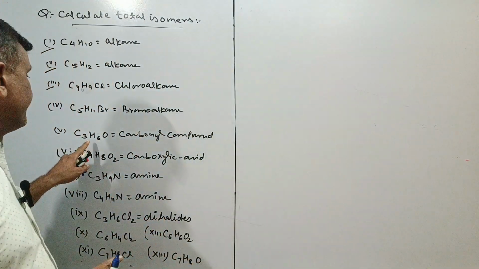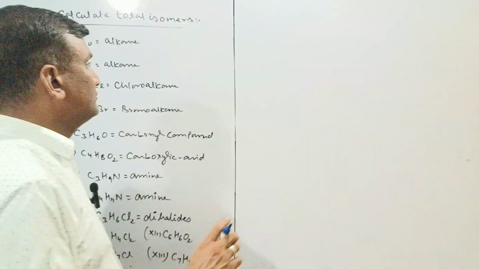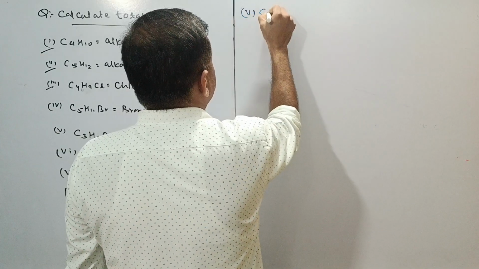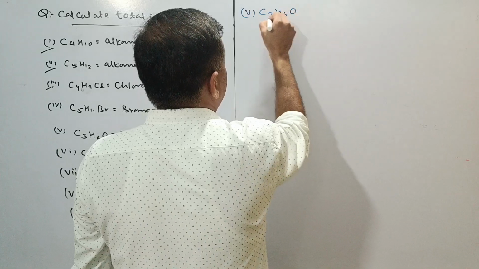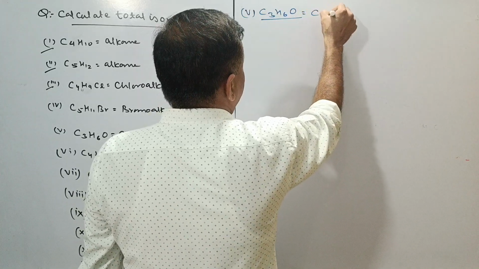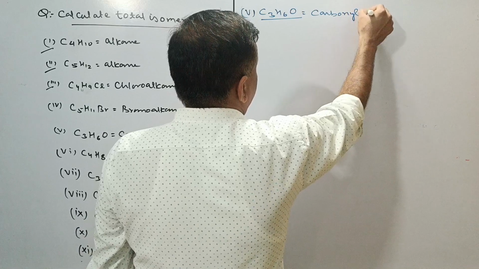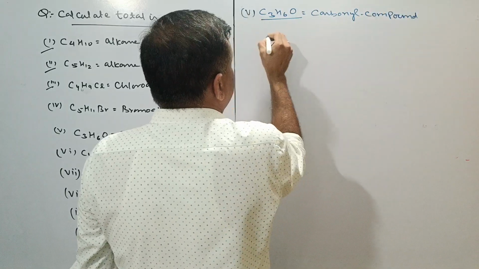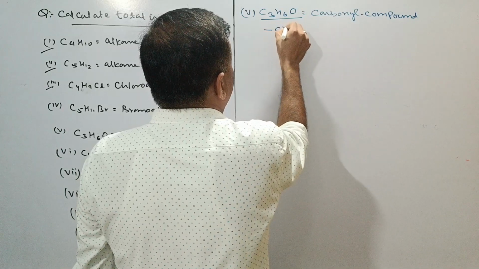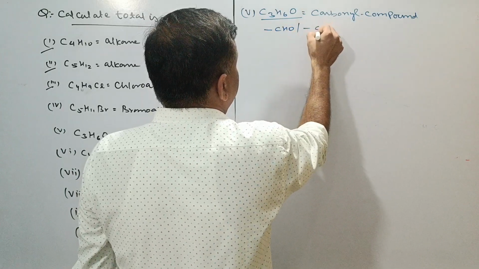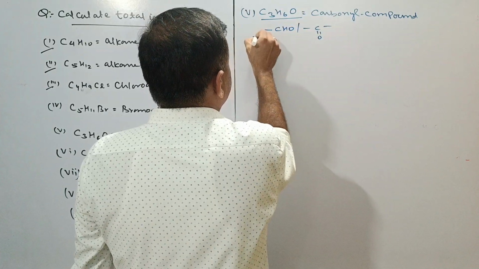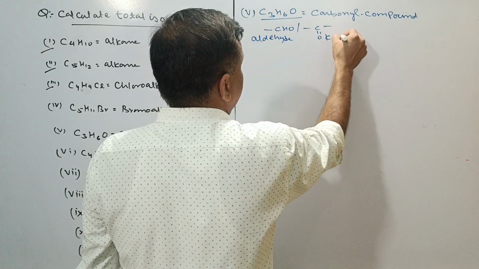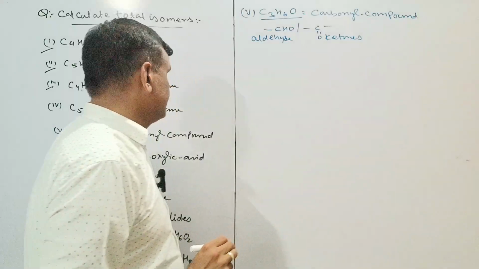So this is the C3H6O, fifth question. C3H6O, when it is a carbonyl compound, and as we have discussed in nomenclature, carbonyl compounds are aldehydes and ketones.